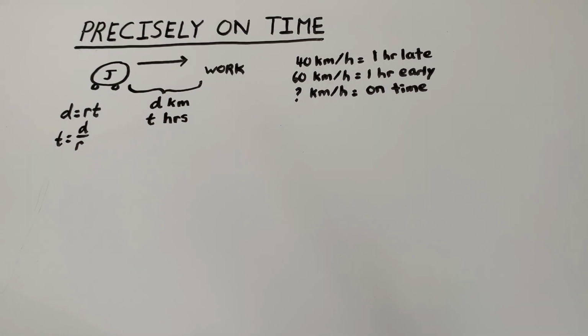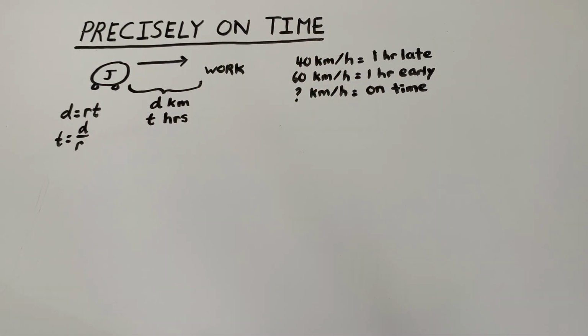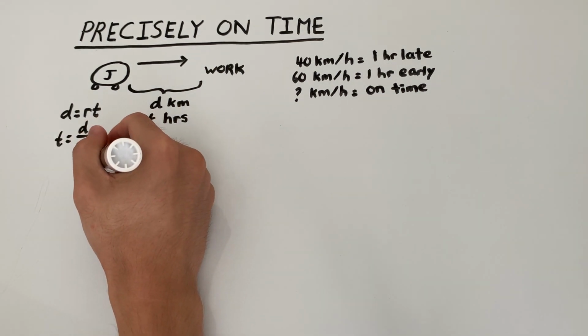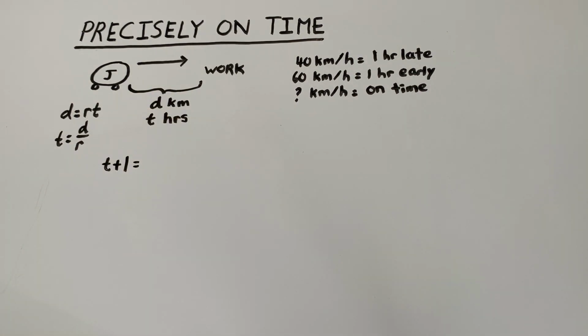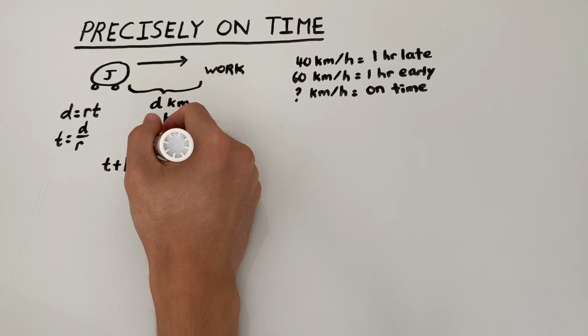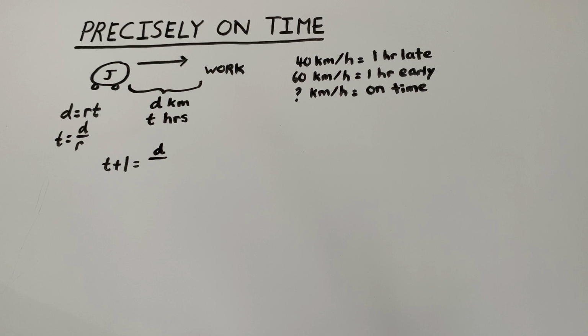And once again, by the same logic, if Jack goes at 40 kilometers per hour, he arrives 1 hour late, which means he's spending 1 more hour driving on the road. So t plus 1 hours on the road is equal to the distance, which is d, divided by the rate, which is 40.